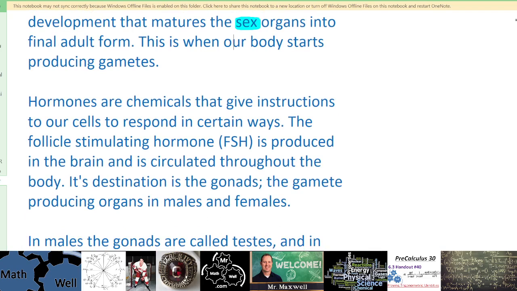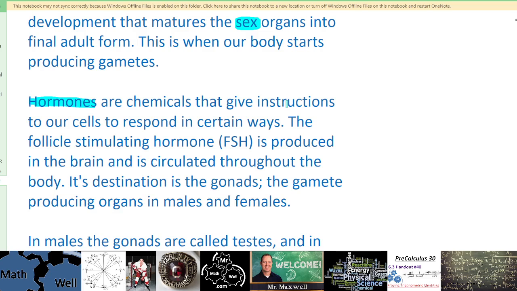Hormones. Here's your first blank in this paragraph. Hormones are chemicals that give instructions to our cells to respond in certain ways. These are chemicals in our body that, in the presence of certain hormones, trigger our cells and our genes, and we have certain responses.